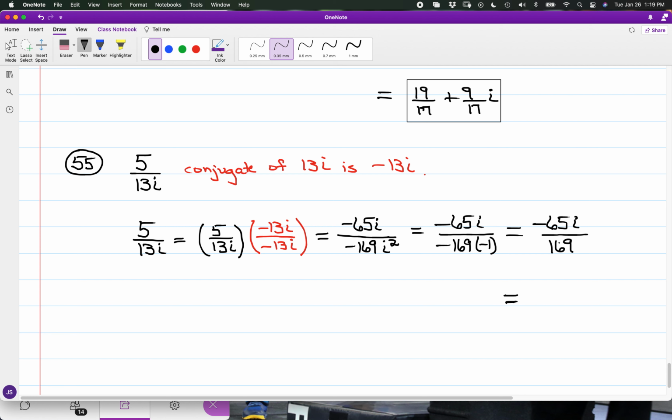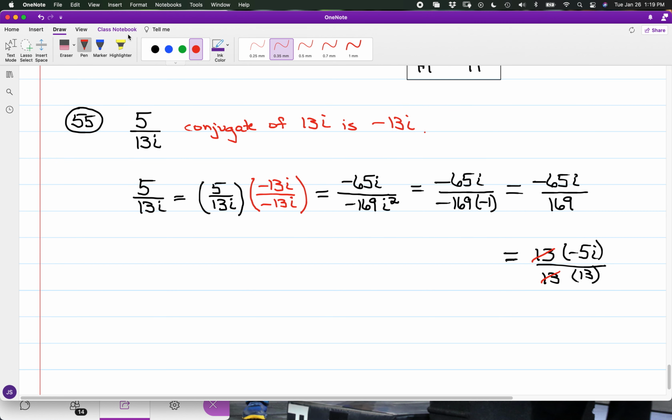is that the greatest common factor of -65 and 169 again is going to be the number 13. So 13 cancels out.